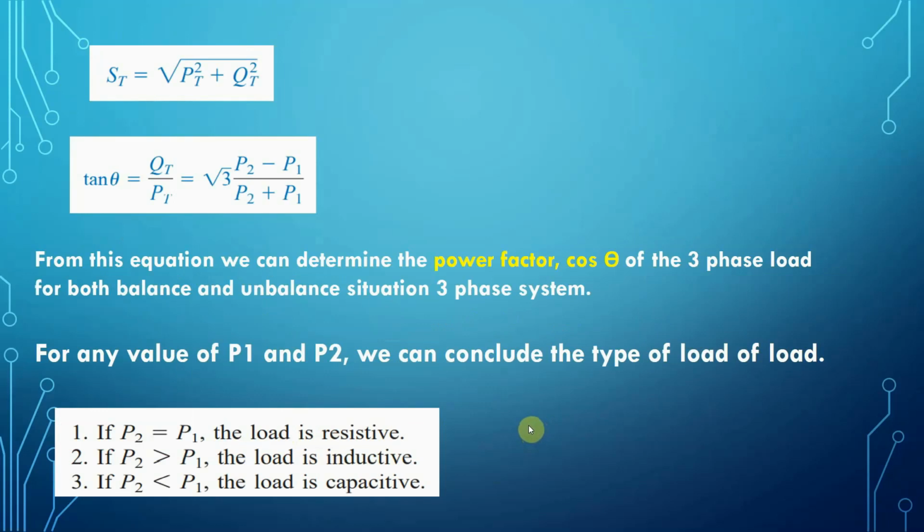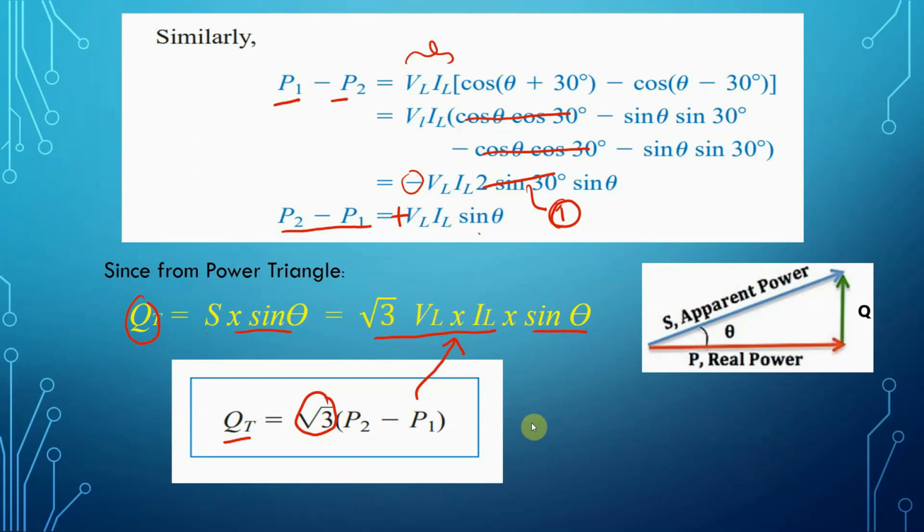Now, from our power triangle here, we can have our tangent theta. Tangent theta will be equal to Q total over P total, right? What is our Q total?